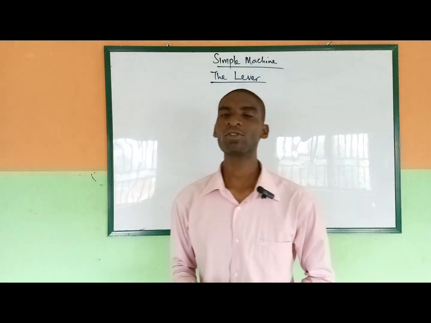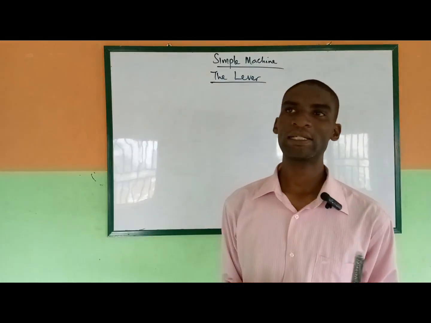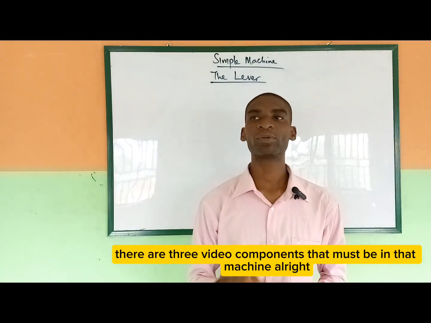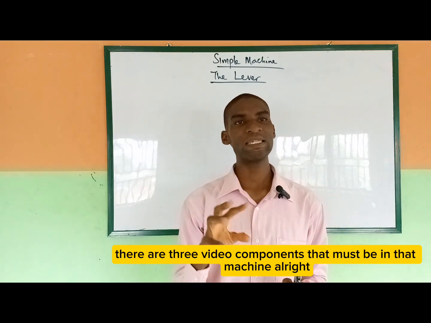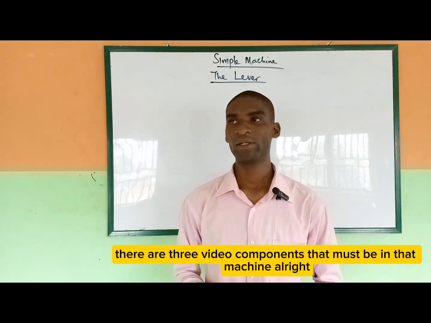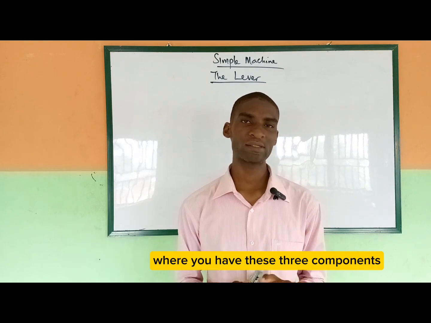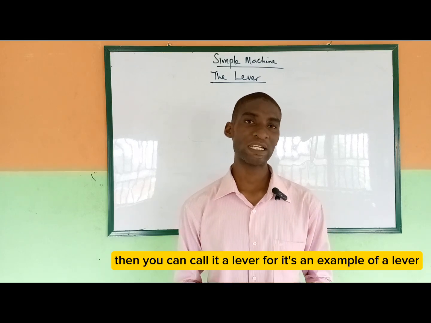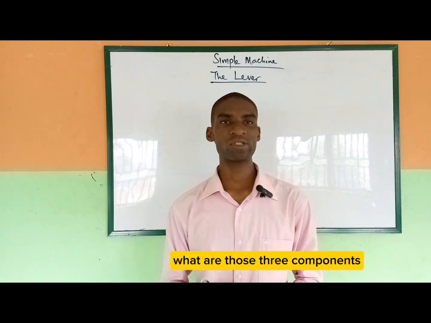Now, for you to call a machine a lever, there are 3 major components that must be in that machine. When you have these 3 components, then you can call it a lever, or it's an example of a lever. And what are those 3 components?